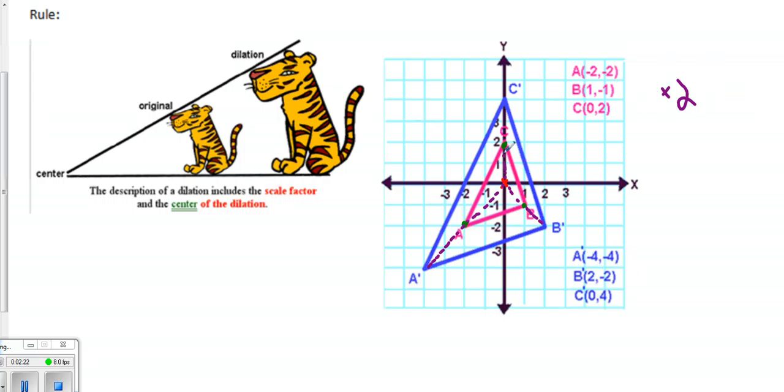Same thing going from original C and C prime. 0 and 2 become 0 and 4 because we multiplied them by 2. So this dilation meant we took the original figure, this pink triangle, and we just multiplied everything by 2. So it was a dilation with a scale factor of 2 coming from the origin.